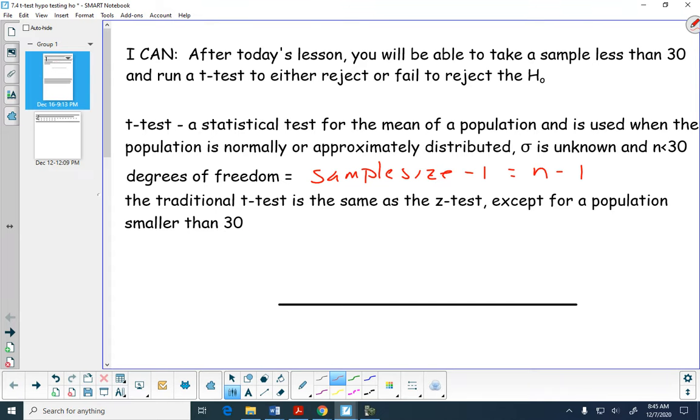So we have n minus 1. And this is the key statement: the traditional t-test is the same as a z-test, except the sample size is smaller than 30. Once again, we'll still be utilizing our t-table.